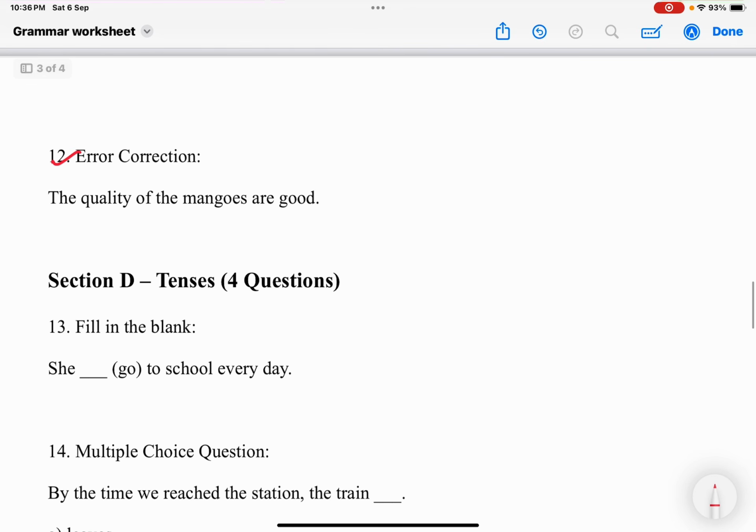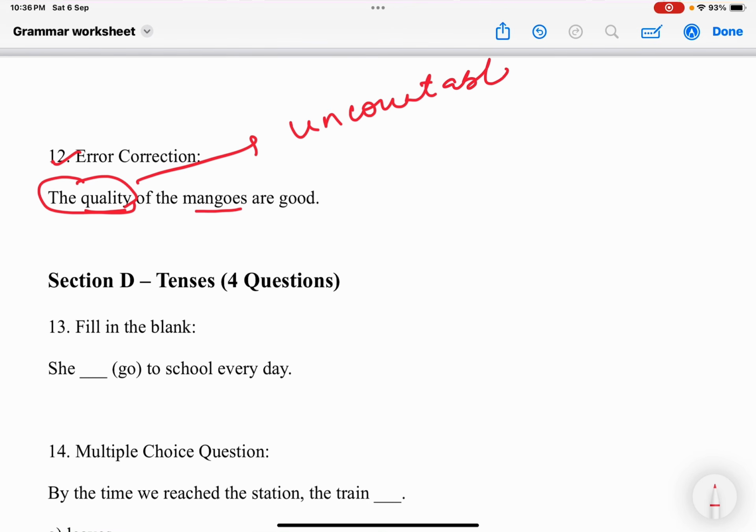Next one is of error correction. The quality of the mangoes are good. Do concentrate on the actual subject. Here it is not talking about mangoes, but it is talking about the quality of mangoes. Quality is uncountable noun, and uncountable nouns are always singular.